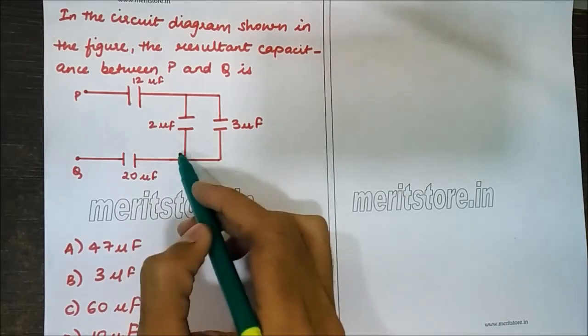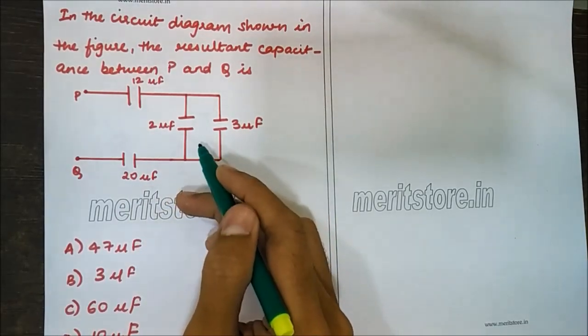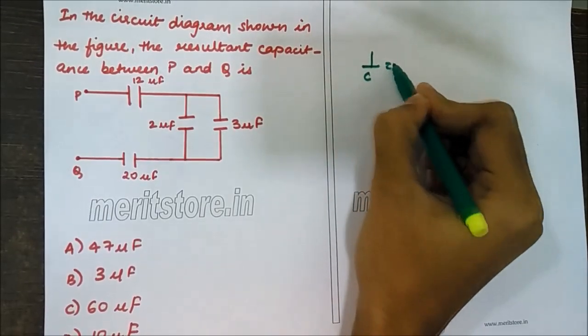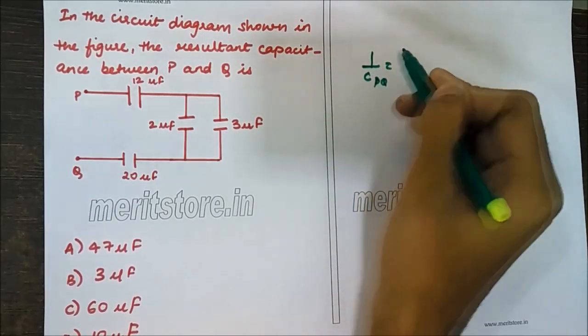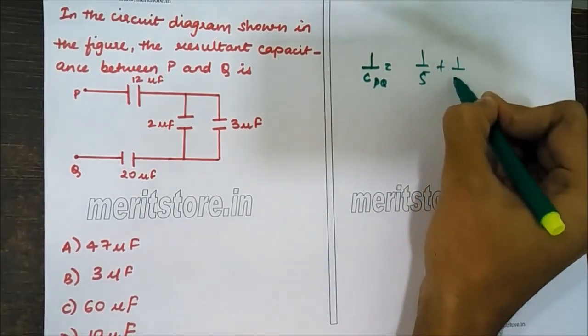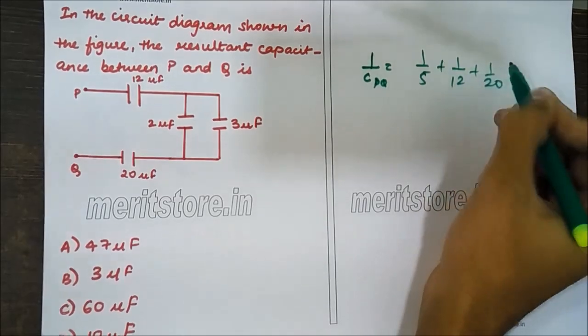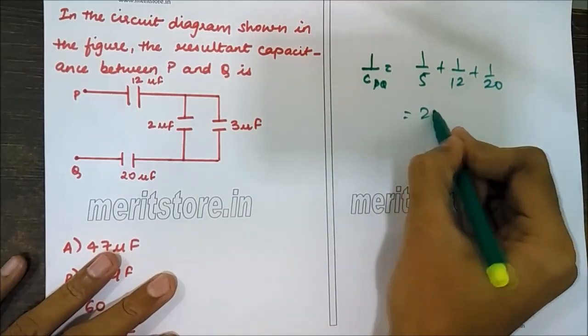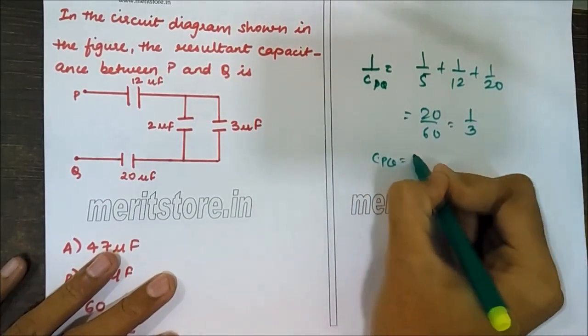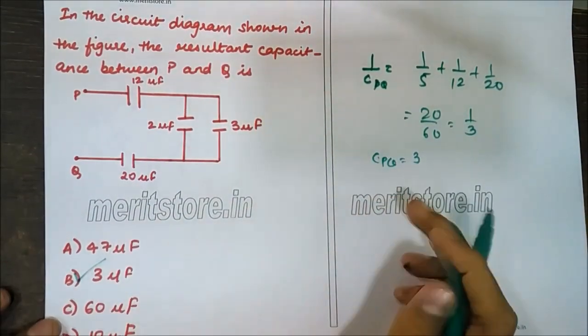And these will again be in series, so you take the reciprocal. So 1 upon C, the total PQ capacitance, will be 1 upon 2 plus 3, that is 5, plus 1 upon 12 plus 1 upon 20. On solving this, you get 20 by 60, which is equal to 1 by 3. So C PQ is 3 microfarad, which is the correct option.